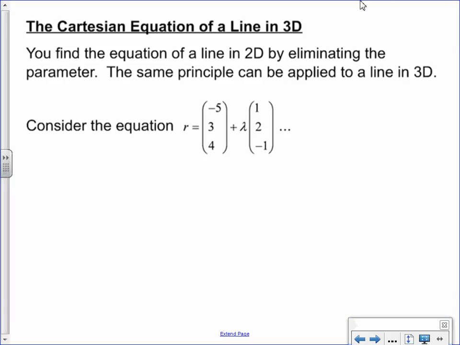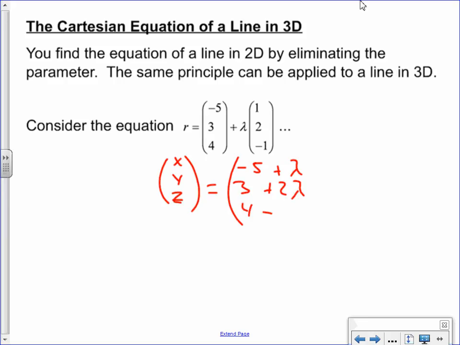To find the Cartesian equation of a line in 2D by eliminating the parameter, the same principle can be applied in 3D. So if you consider that equation, since this is r, you would have x, y, and z equal to -5 plus lambda, 3 plus 2 lambda, and 4 minus lambda.